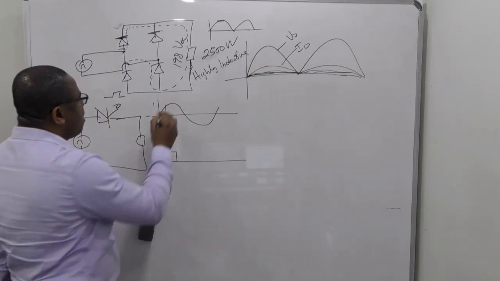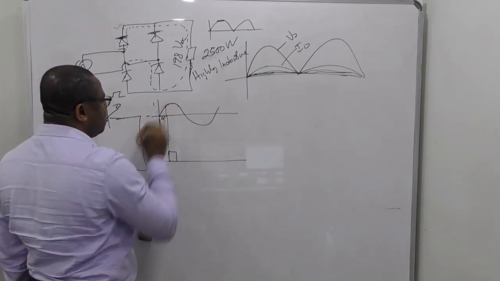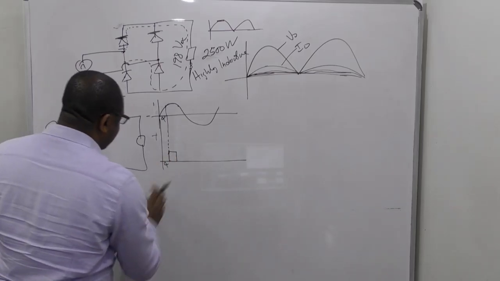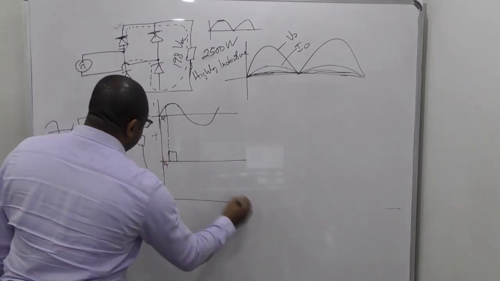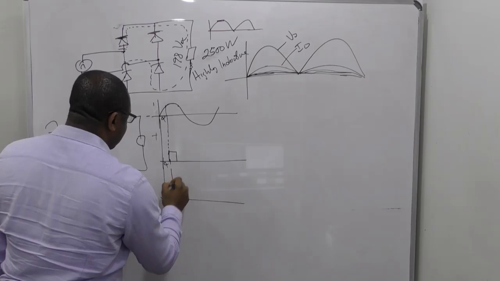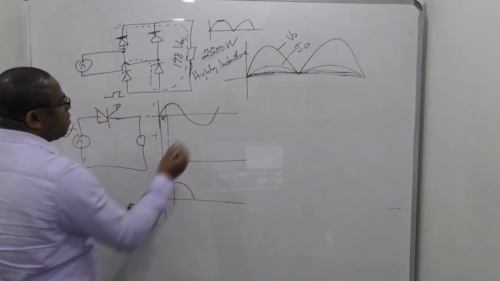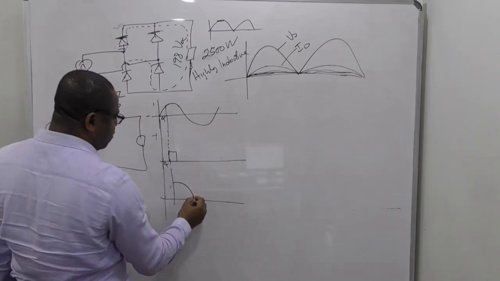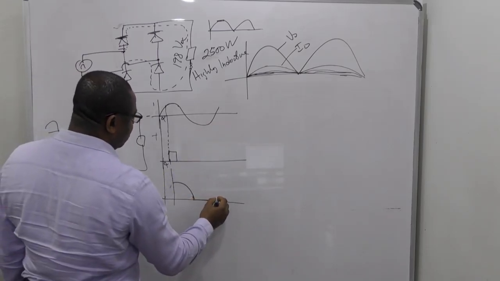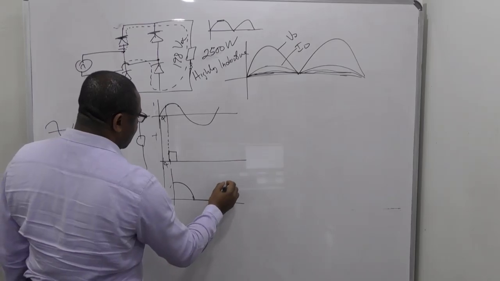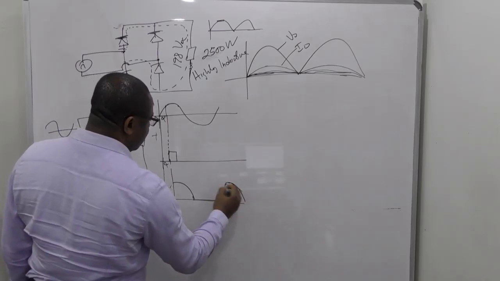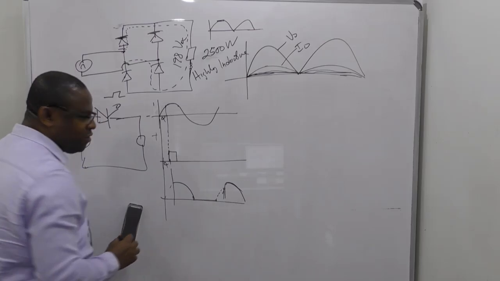So it will take that firing angle before it starts conducting, and you get something that looks like that. On reverse bias, it will block, so you get another one again like that.